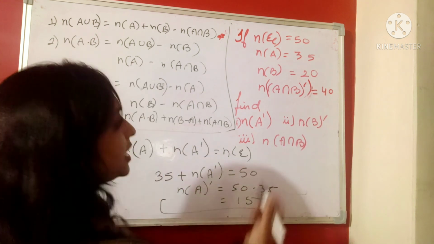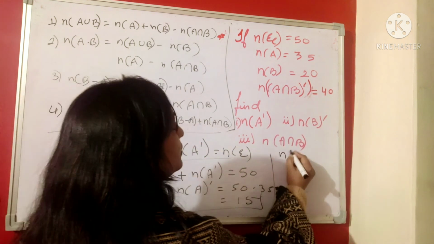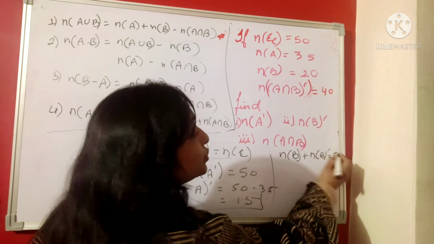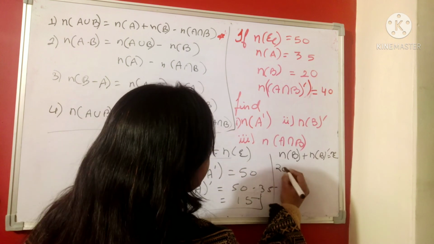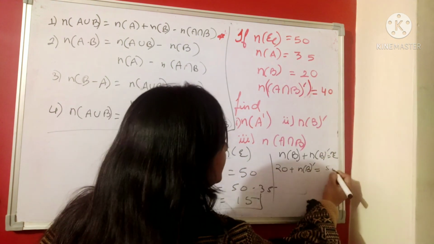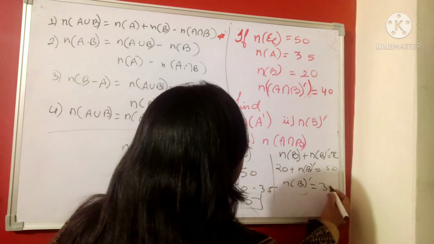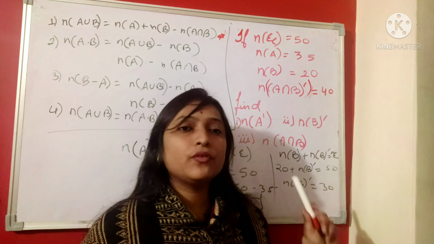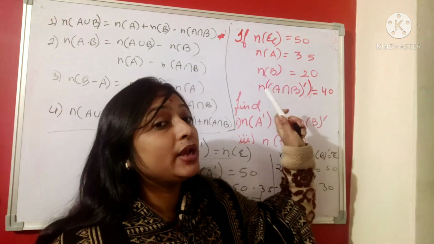Now next is the cardinal number of B complement. In the same way, with this formula, we take set B. Then the cardinal number of B plus the complement of B equals the cardinal number of the universal set. Simply substitute: 20 plus complement of B, and the universal set is 50. So the value of complement of B will be 30. Now we have to find the cardinal number of A intersection B. Here we are given the cardinal number of A intersection B complement.